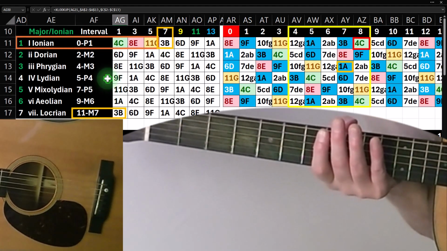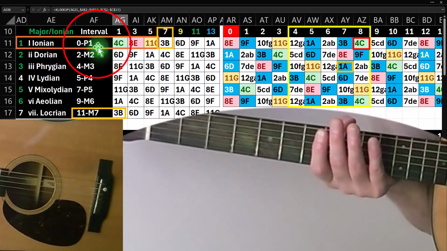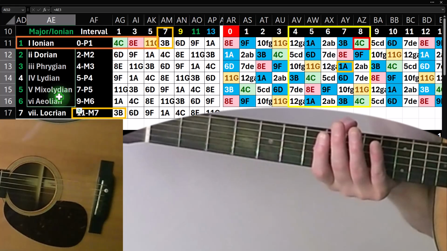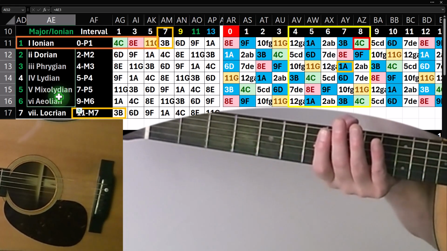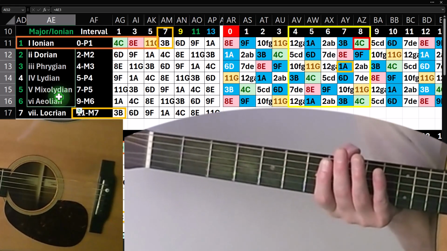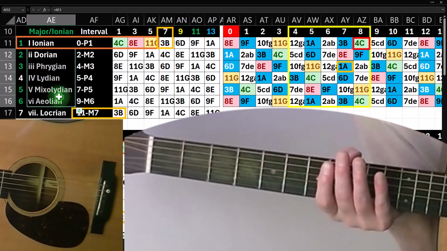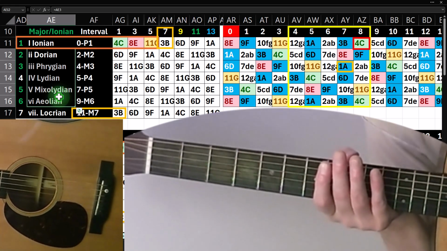Now note, the cool thing about doing that is that when I look at any of the other modes, there's only one interval difference when you compare it to the relative major or minor modes. If we break out all the modes into either a major mode or a minor mode, and then we compare the mode to its relative major or minor scale, then there's only going to be one interval difference.